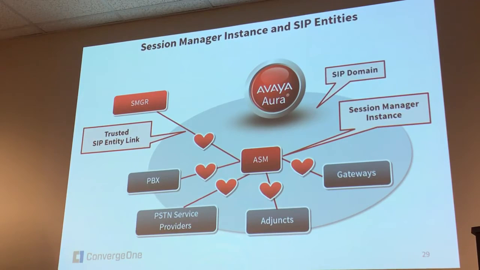URI stands for Unique Record Identifier. But that SIP URI has a username portion and a domain portion. The username, most of the time, is an extension number. It could be something else. It could be a name. You know, my SIP URI could be nestor@avaya.com.